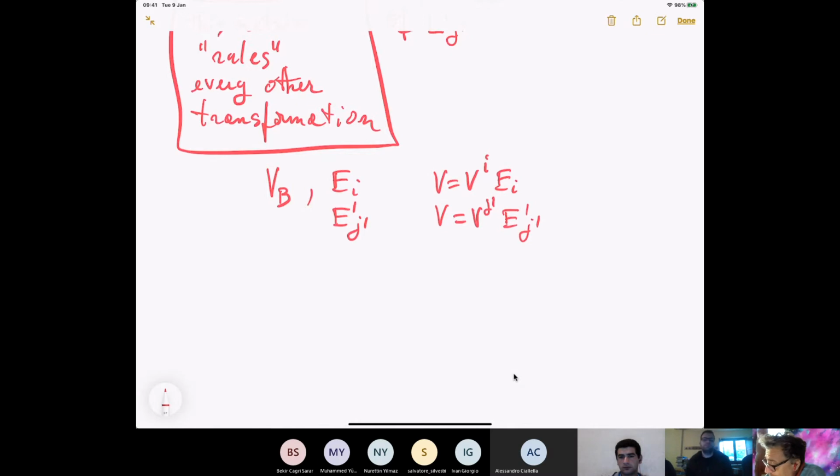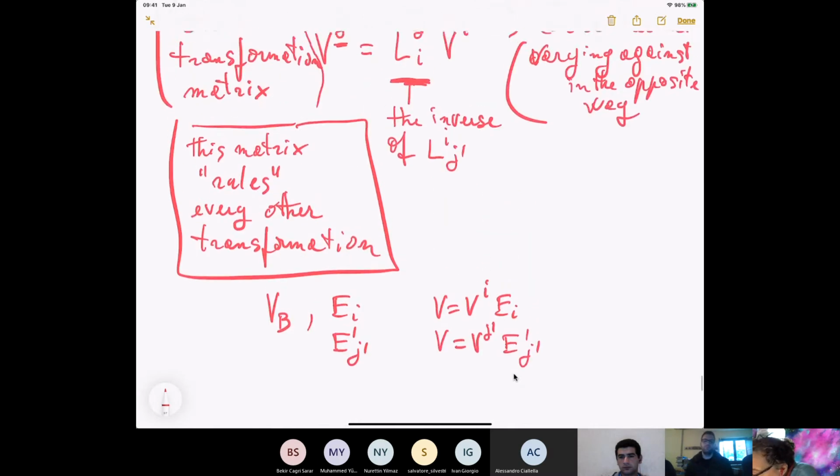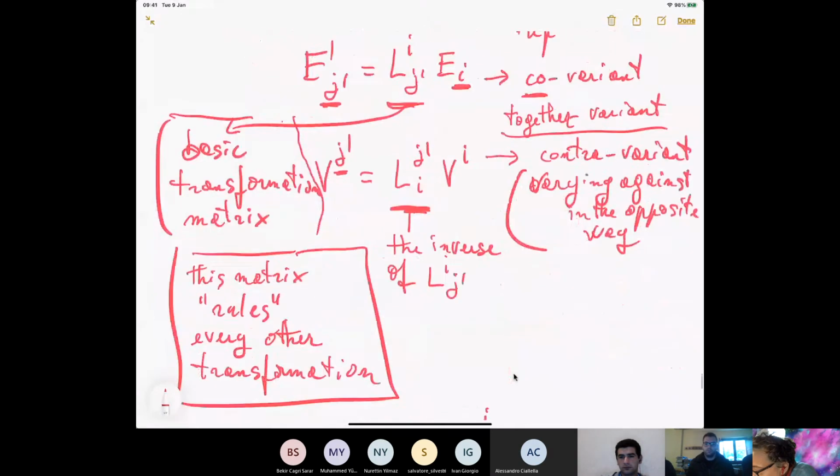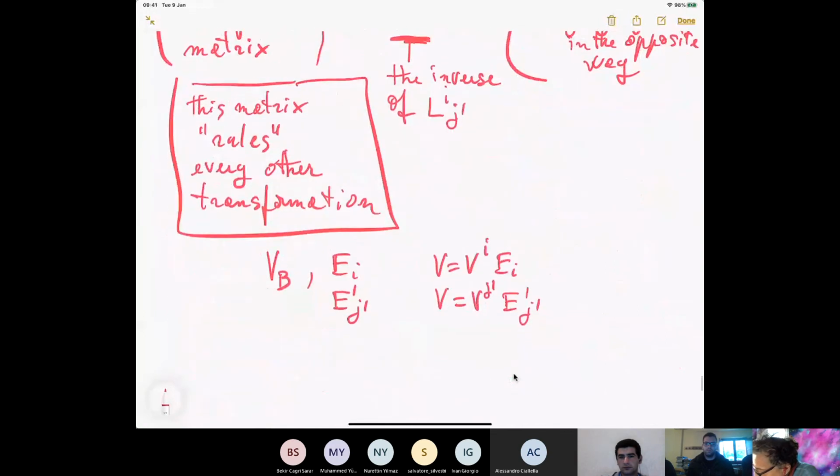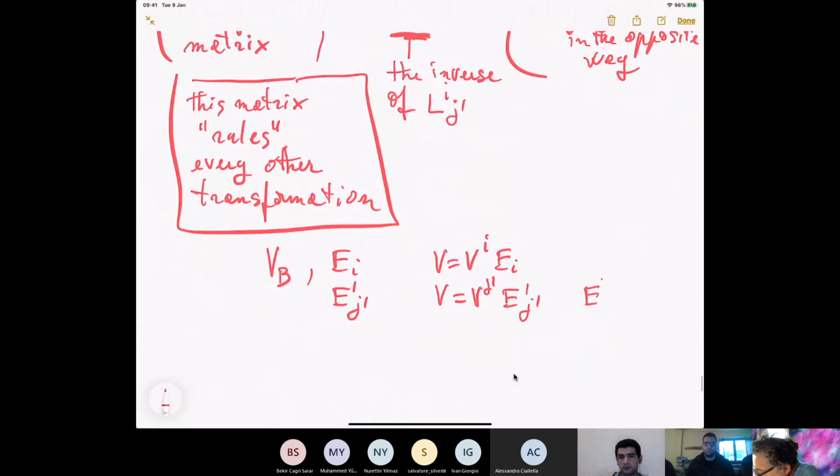And then you have the formulas of transformation, which I resume here. So you have e'_j equal L^i_j e_i.